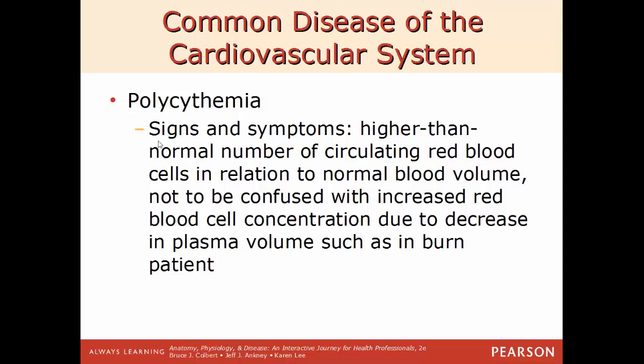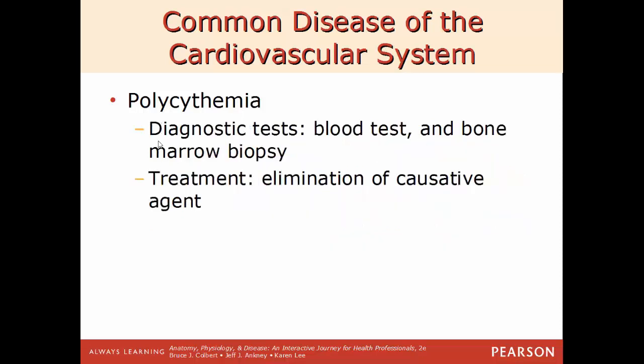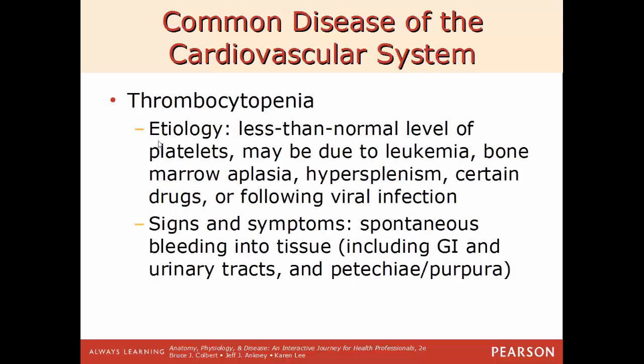So you're not talking about concentration, you're talking about actual numbers of red blood cells in relation to a normal sample. Some diagnostic tests: blood tests, bone marrow biopsies also. And for treatments, the elimination of the causative agent.